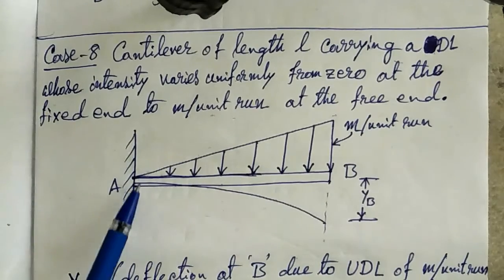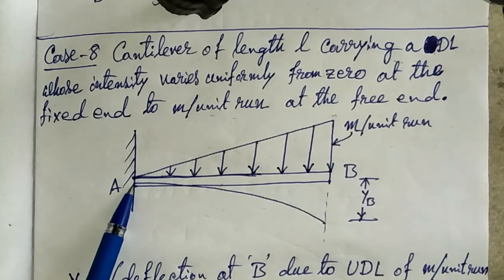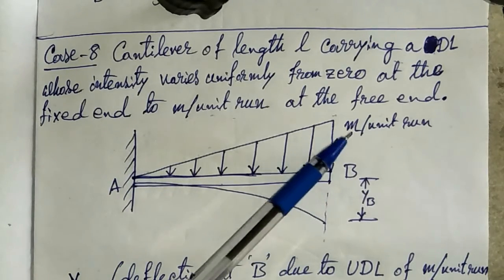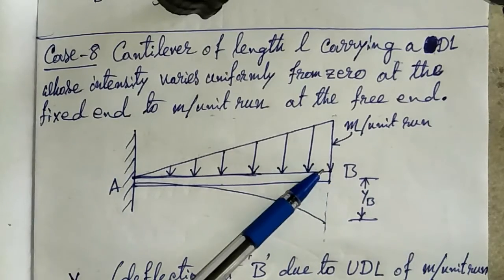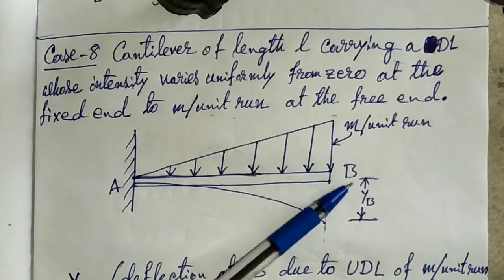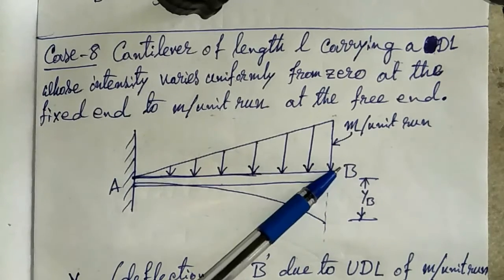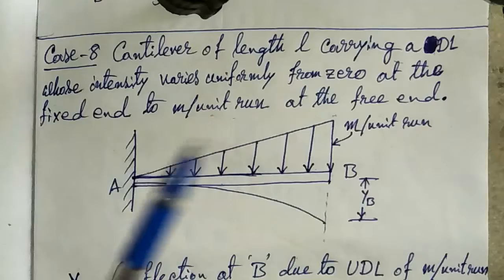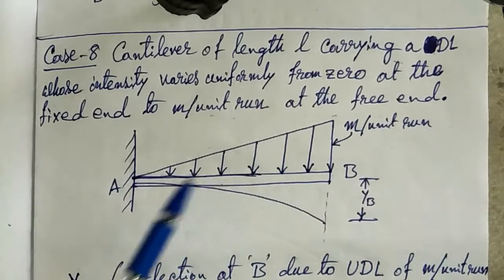As shown in this figure, the intensity of load is 0 at the fixed end, that is at point A, and is maximum, M per unit run, at the free end, that is at point B. So this is a triangular shape load.